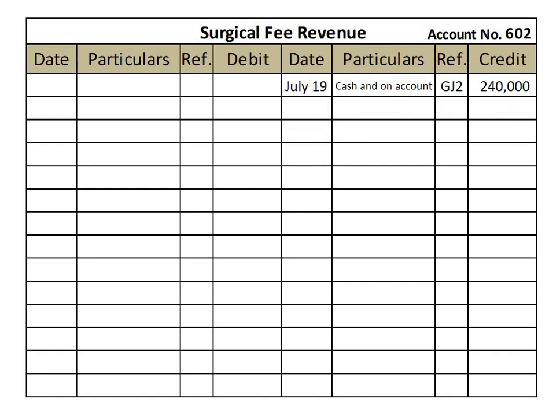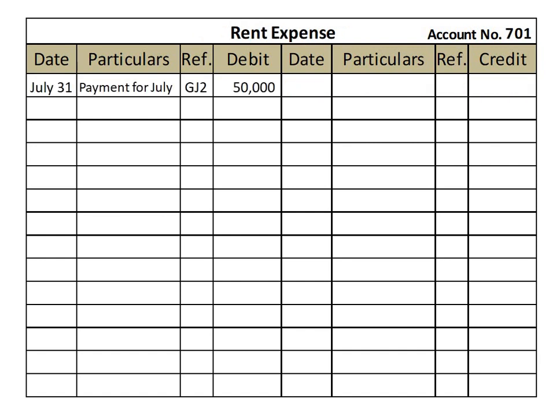Surgical fee revenue. Rent expense, just double rule also. Same with the salaries expense. Medical supplies expense. And finally, utilities expense.